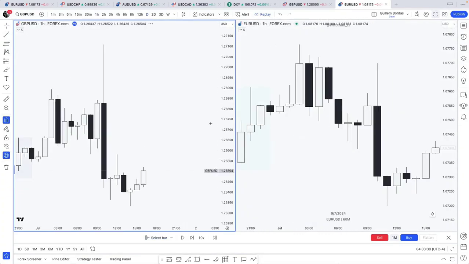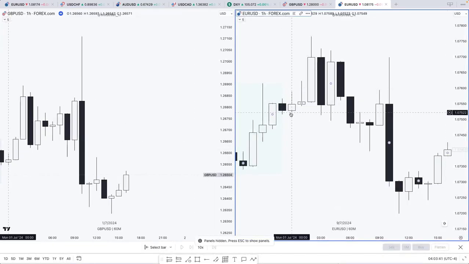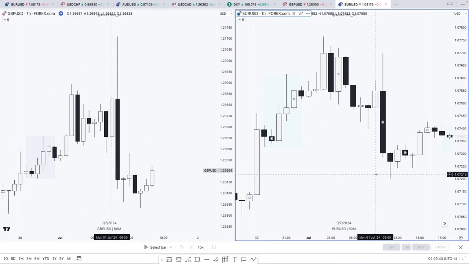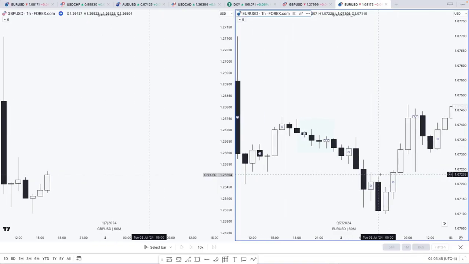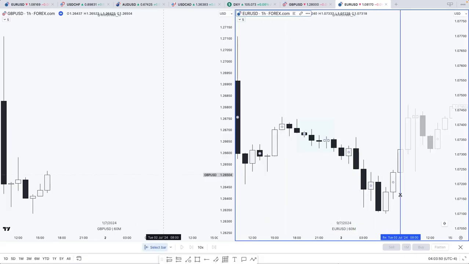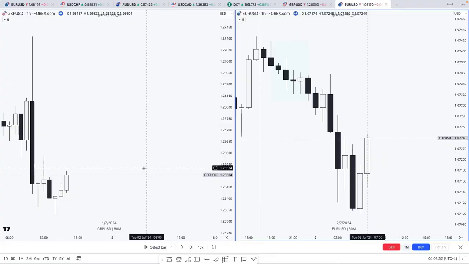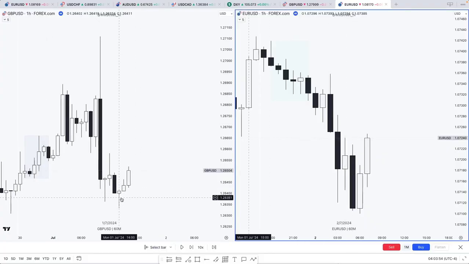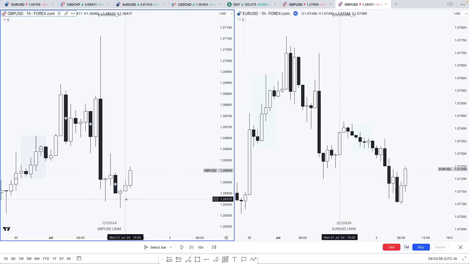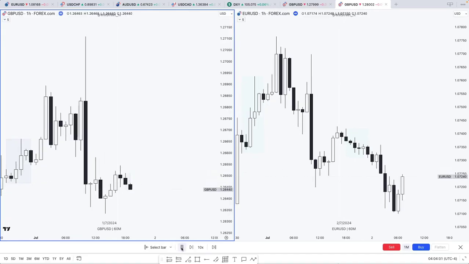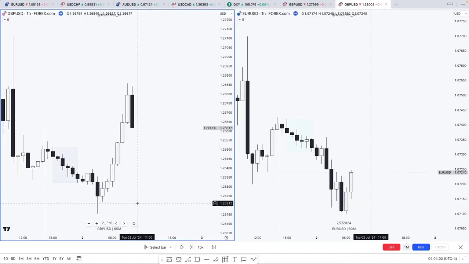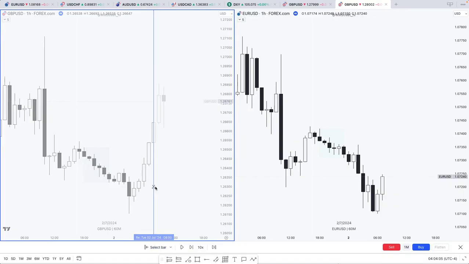That I took this trade. And look at this. This is first. Here. Okay. I took this trade in both pairs.